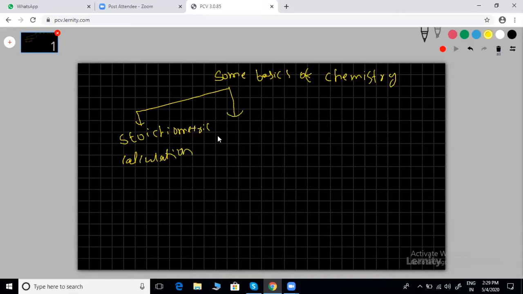In this case, the main thing is the limiting reagent. Next, we have molecular formula and empirical formula.